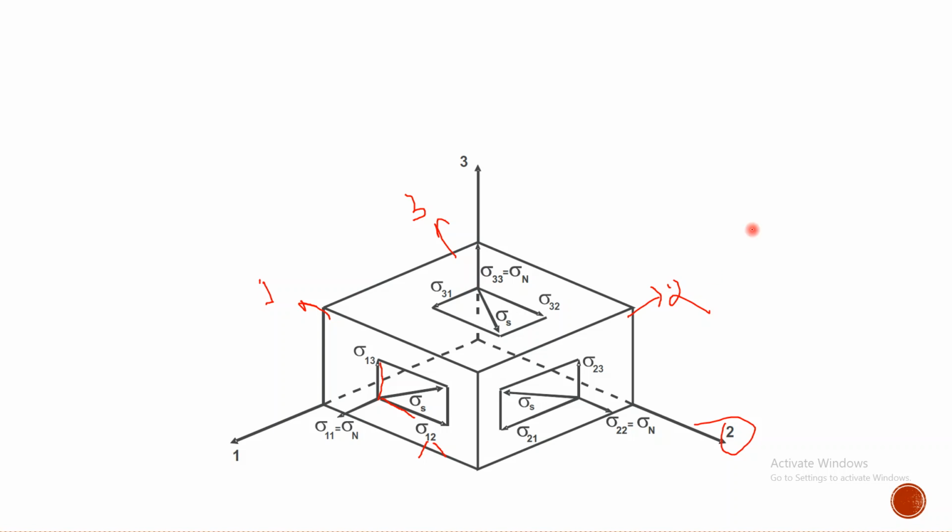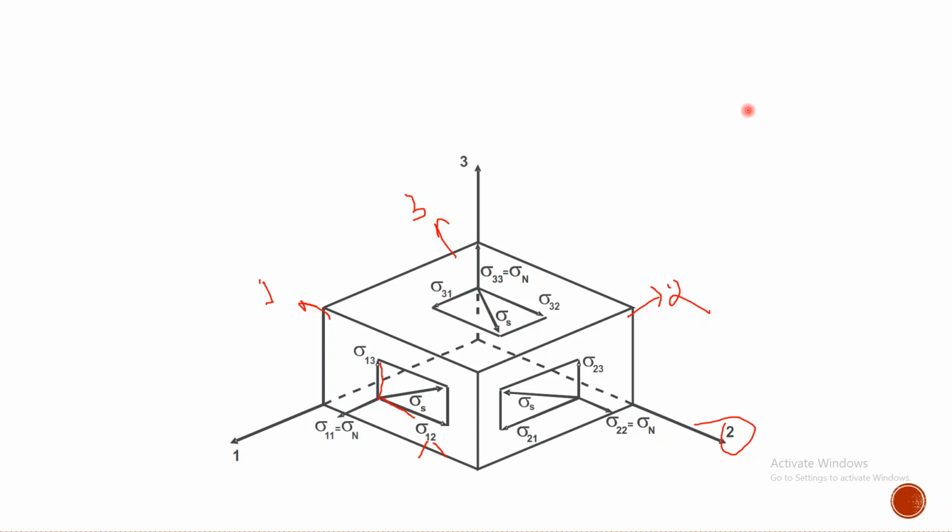But we usually consider the particular shear stresses to be equal, that is, sigma 13 is equal to sigma 31. You might have observed this in complementary shear stresses, which we covered in mechanics of materials.